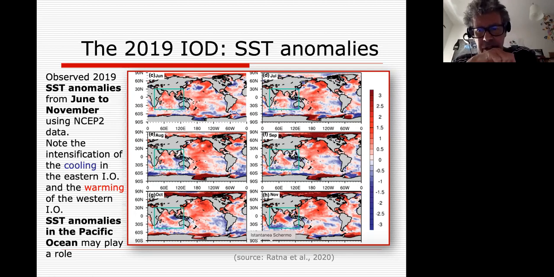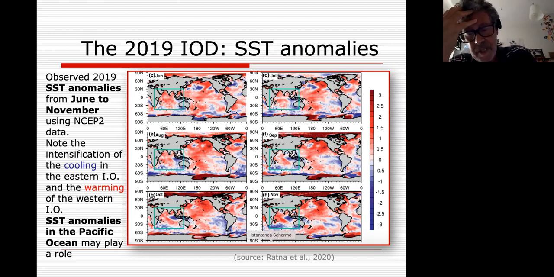But you may note that the whole Western Pacific was warmer than usual. There are some suggestions that in the strengthening of the IOD in 2019, the role of the SST anomalies of the Pacific Ocean was not negligible.